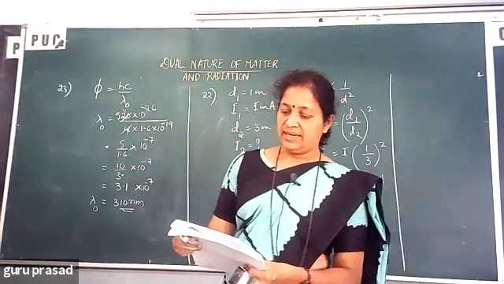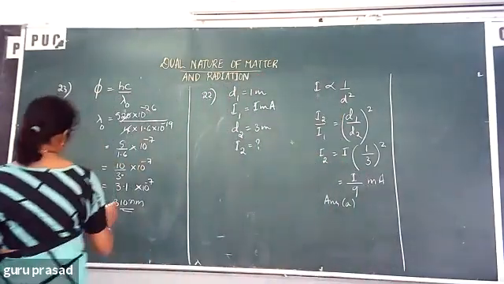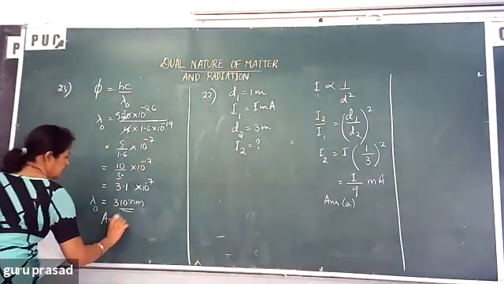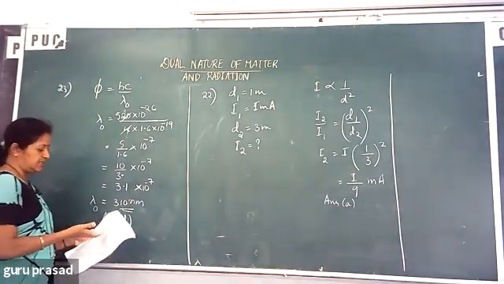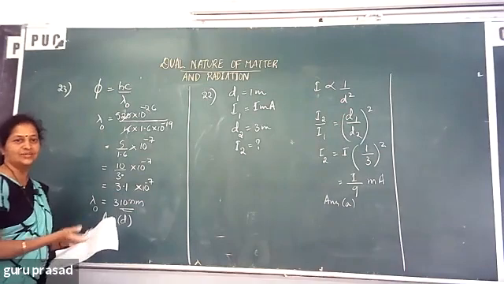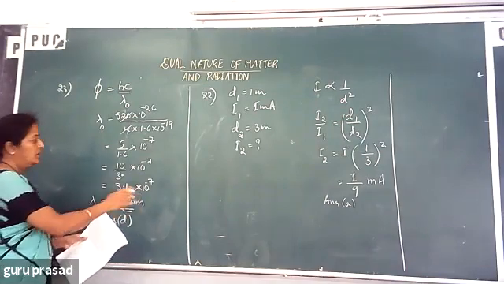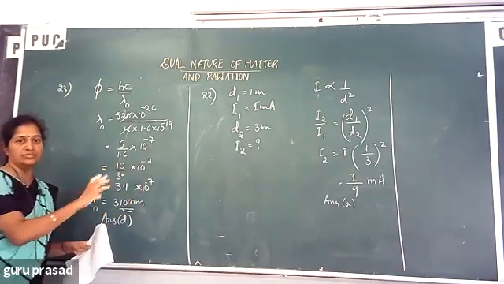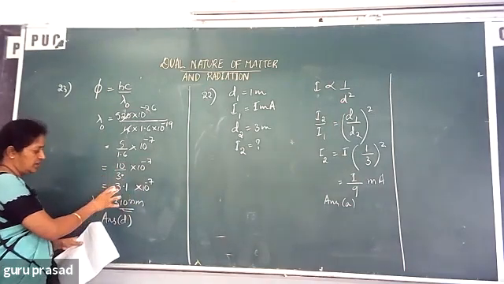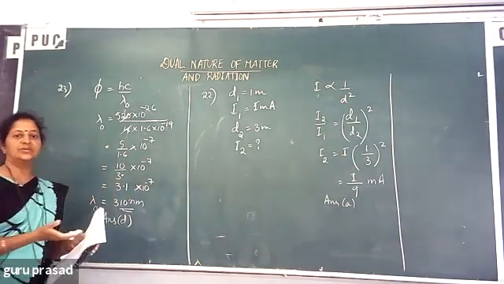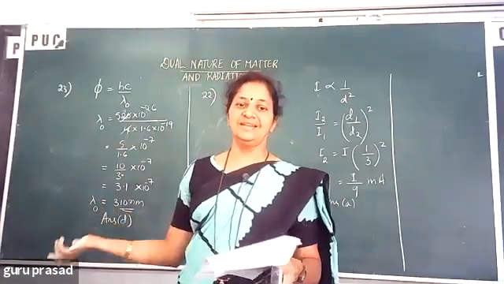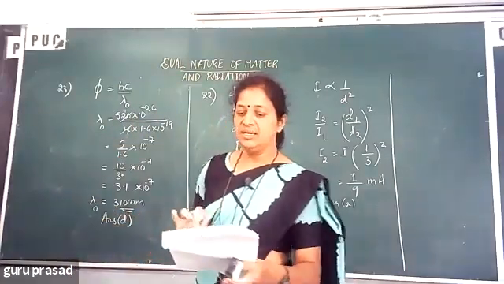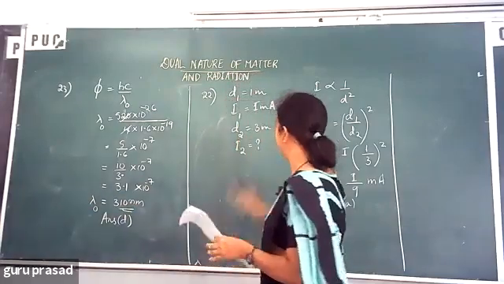So here the answer is D. If you get 300 also, you can predict the answer is the fourth one only. You need not go for the exact value. If you round off, no problem. Finally you can predict which is the answer, because 300 is almost equal to 310 nanometer, which is D.